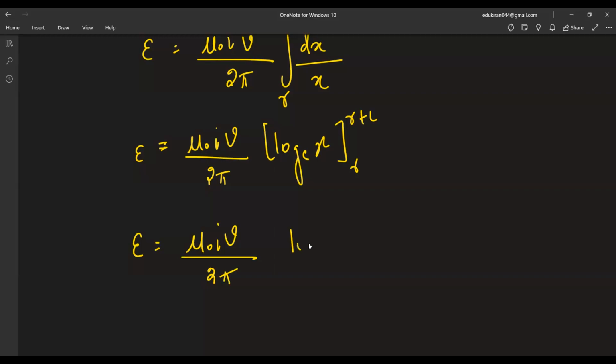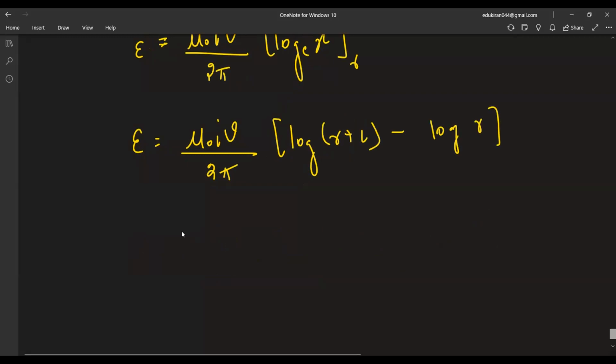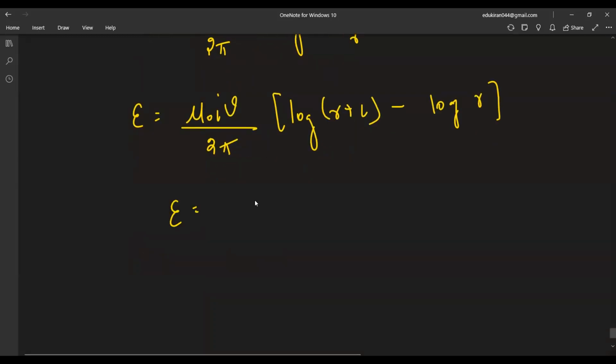So that becomes log of R plus L minus log R. Okay, log A minus B rule, do you all know? What is log A minus B?